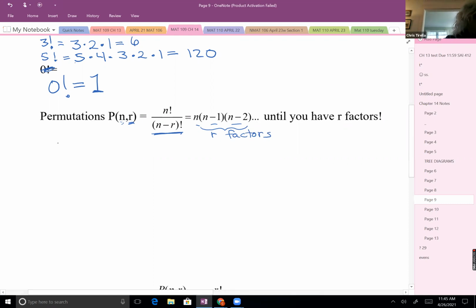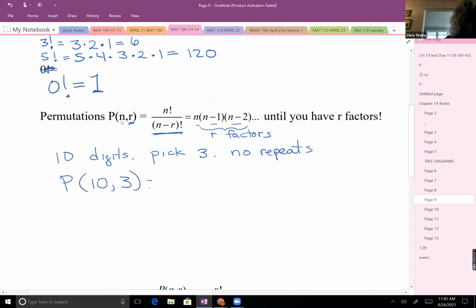When we looked at 10 digits, pick 3, no repeats, that would be a permutation from 10. We're picking 3. So since we're picking 3, we need 3 spaces. And then it would be 10 times 9 times 8. And that's where we got that 720.